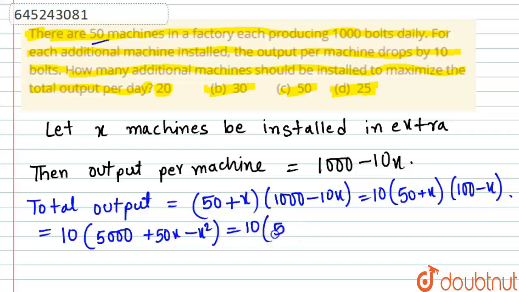So we just need to add 25 square because we need to complete the square of this, that is 5000 plus 25 square minus 25 square plus 50x minus x square.